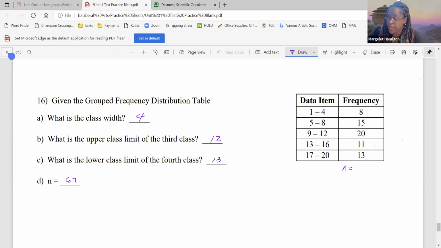Get a copy again. You can do it on your own without looking at the answers, and then check behind yourself as many times as you need that you feel comfortable with it. And then go and do the one online and make sure you know how they want you to enter your answers in. And then you should be good to go with the test.